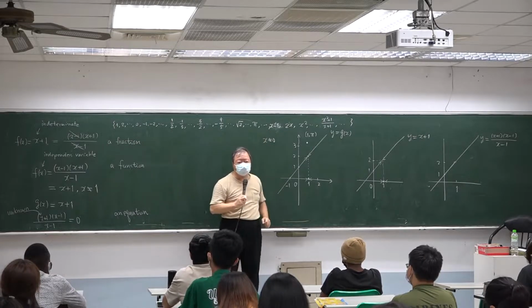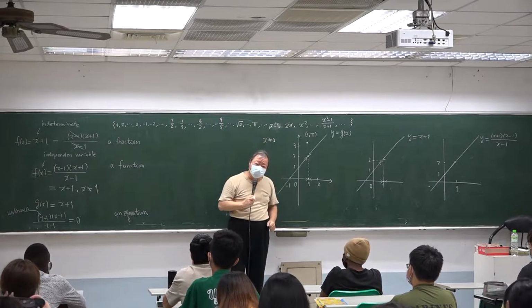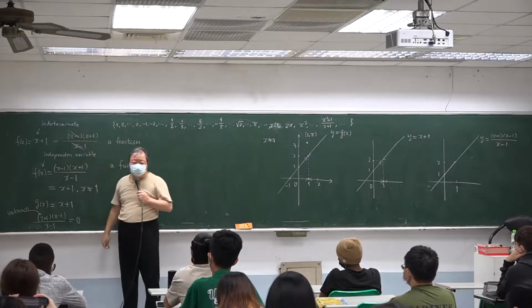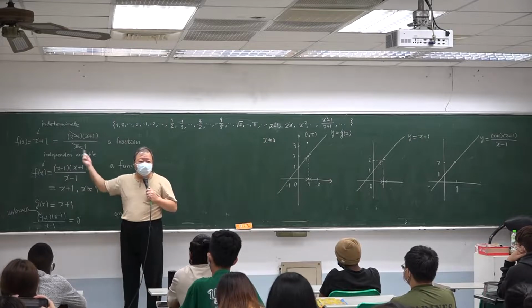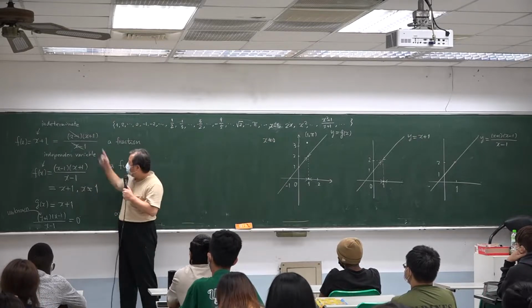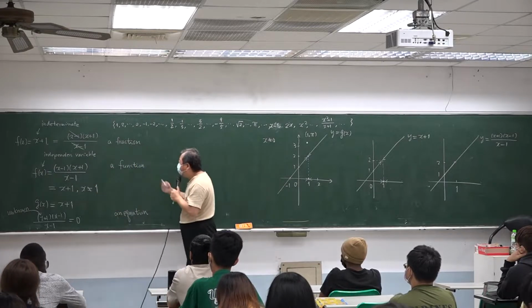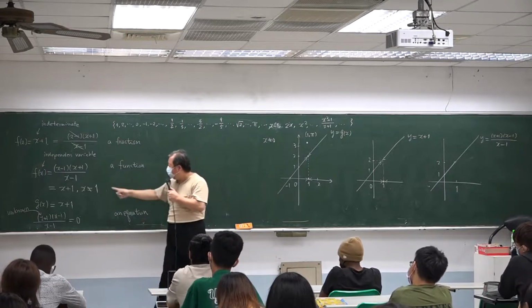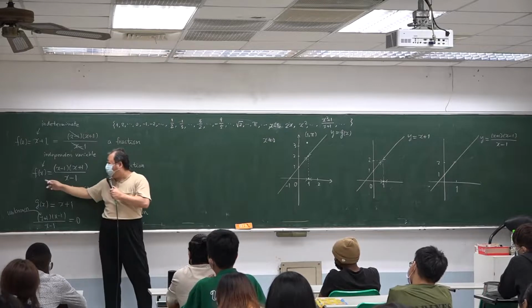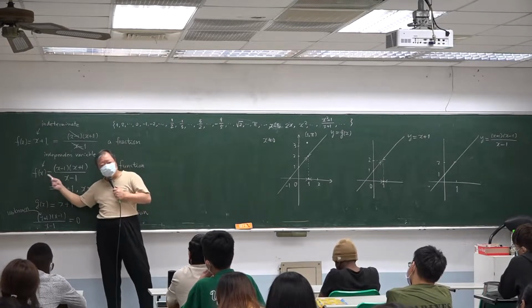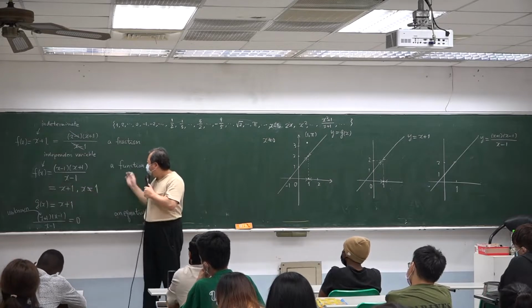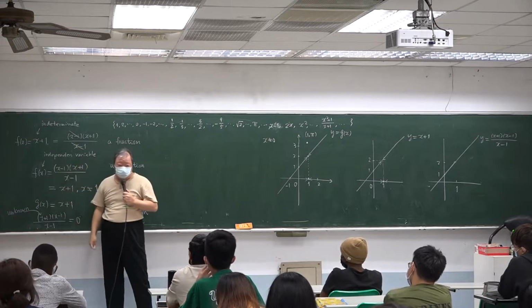They are different polynomials, non-zero, so we can cancel. These two factors are the same and non-zero, so we can cancel. Because where is the zero? The zero is here. But here, all different. x may be 1, maybe 0, maybe minus 1, maybe 2. Because when we talk about function, x is an independent variable.